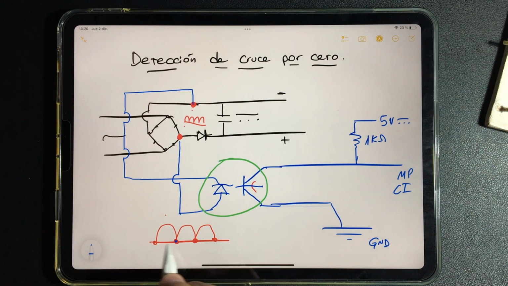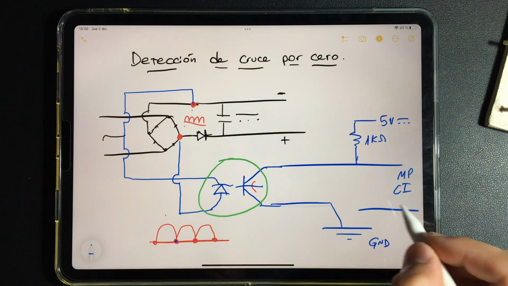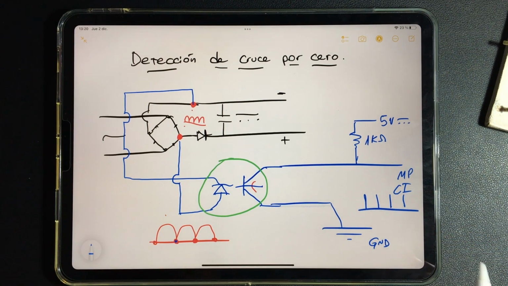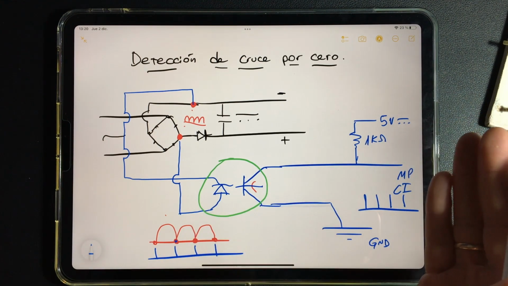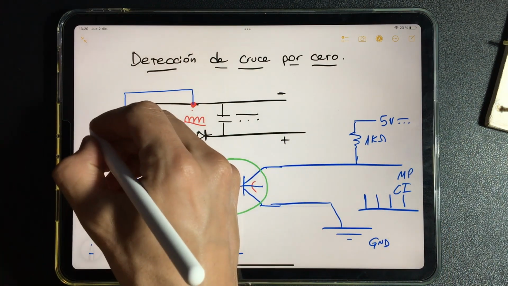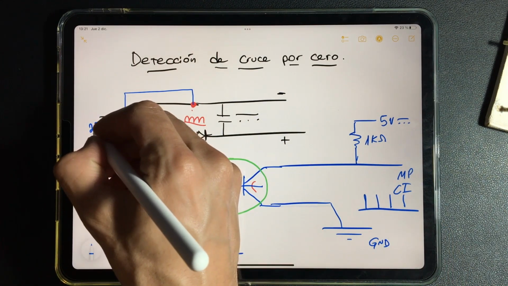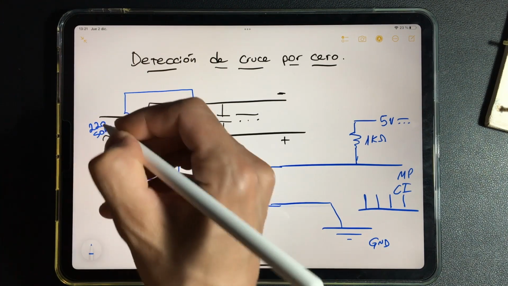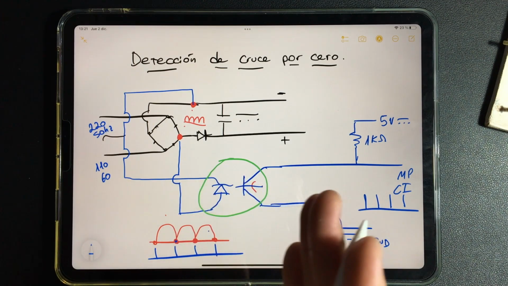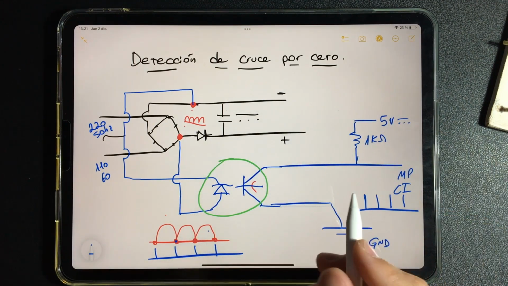As a result of this, exactly at the same time, the microprocessor will receive a pulse of 5 volts, that is, here. The microprocessor now knows when the alternating current is crossing 0, of 220 V, 50 Hz or 110 V, 60 Hz, whatever, but it knows what times it crosses 0 thanks to this detection.